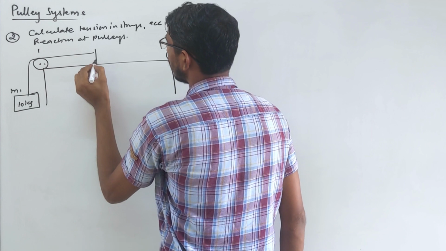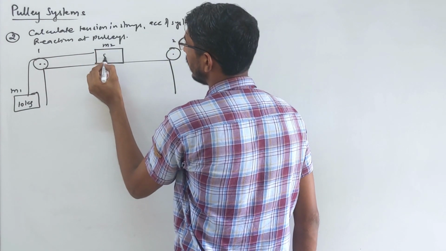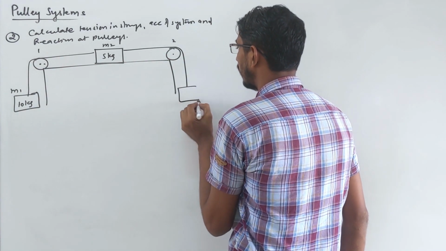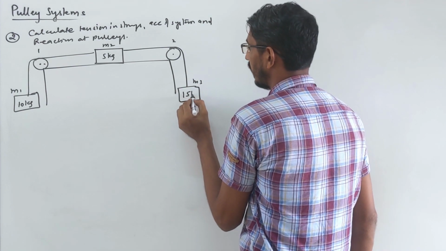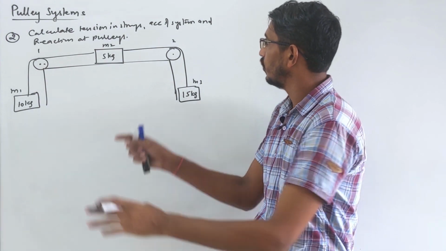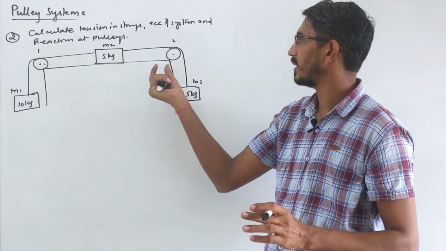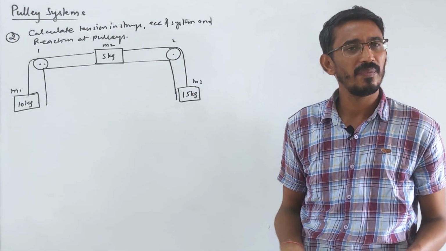One block is on the horizontal surface, that I am calling M2, let's say 5 kg. Another block, let's call this M3, and this mass I can write as 15 kg. Now give attention. Two pulleys, n number of pulleys you have, nothing will change unless they are moving pulleys. Fixed pulleys, any number of pulleys you have, our acceleration will be same everywhere.